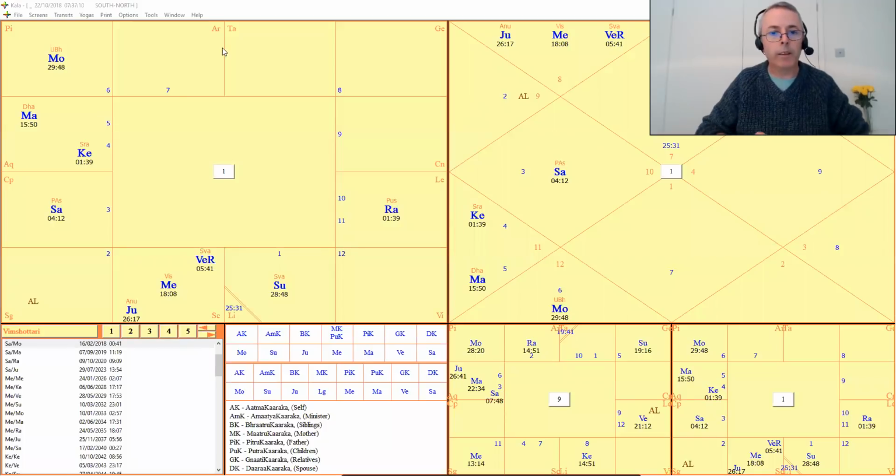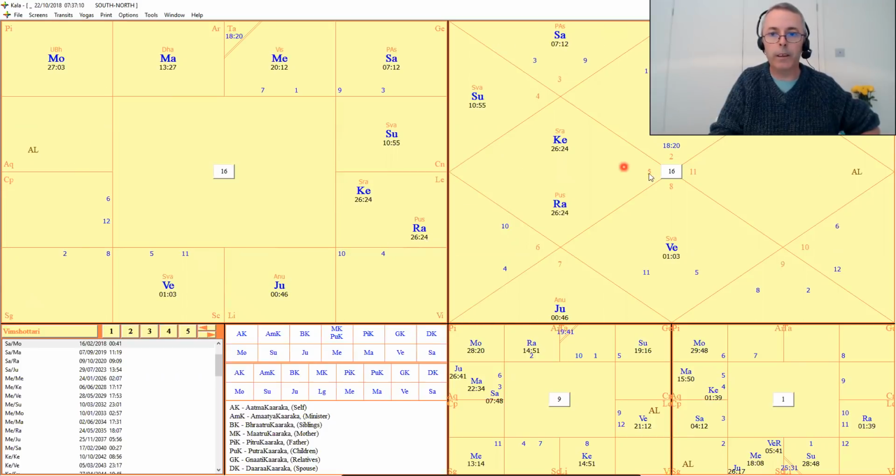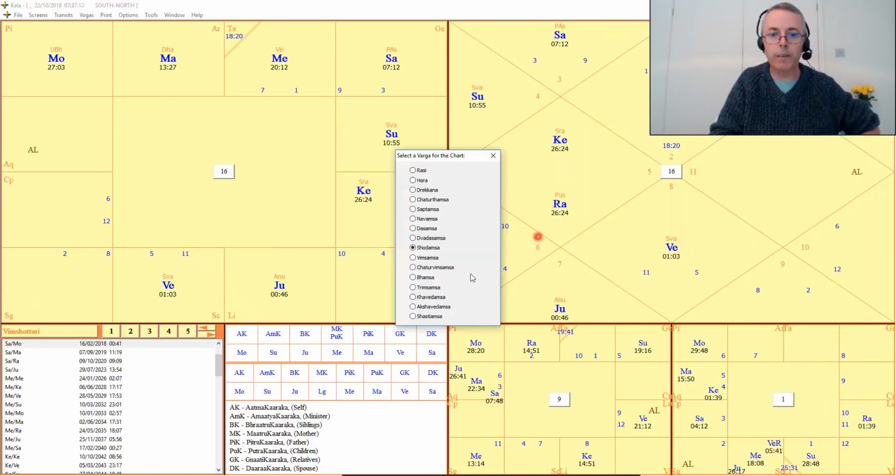So here we have that chart that we were initially looking at, and I'll move my head over again, where we have the moon in Uttara Bhadrapada Nakshatra. Notice it's in Pisces, right? This is the astronomical connection of the chart. So therefore, if we go into, let's say, the Shadamsha chart, maybe that's not a good example because the moon's still in Pisces.